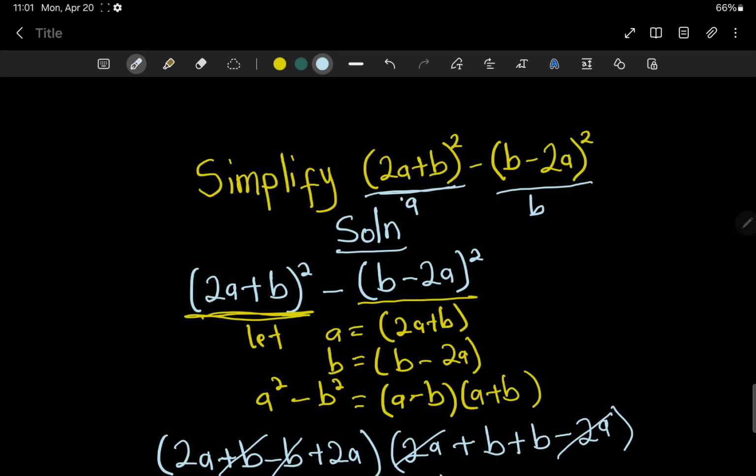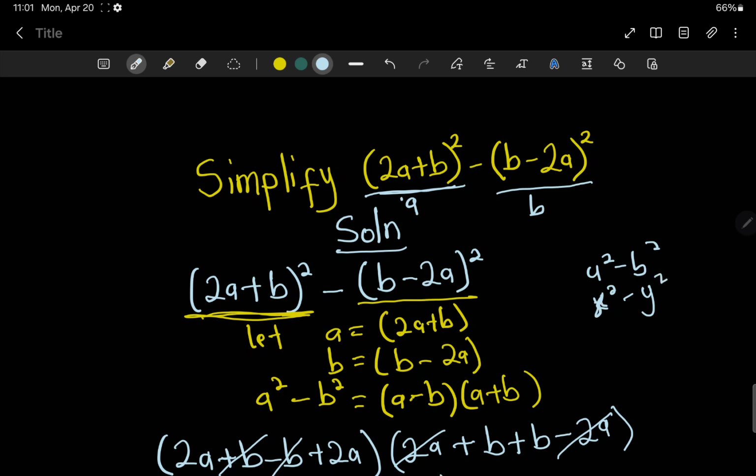If A represents that, it means A squared minus B squared. And we know already that if you have A squared minus B squared, or it could be X squared minus Y squared, it's all the same thing.